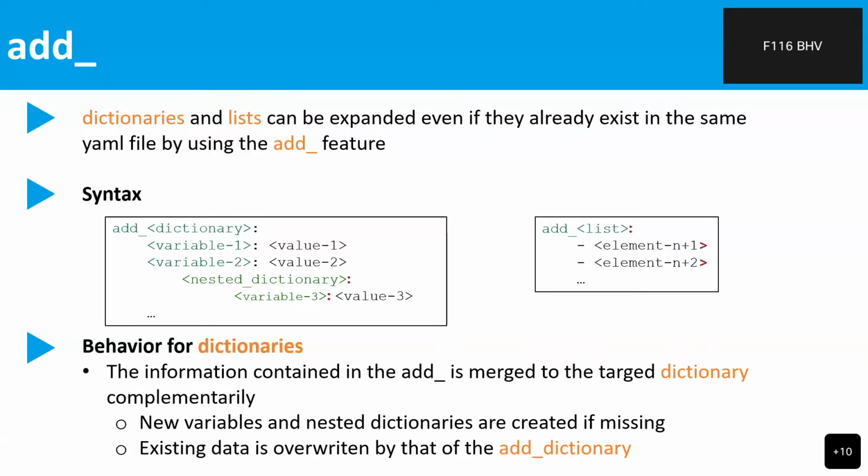And then the syntax is basically you put the add behind the name of the dictionary to which you want to add stuff, and then you add the variable names. Inside the nested part, you don't need the adds any more. You just need your nested variables and their values.